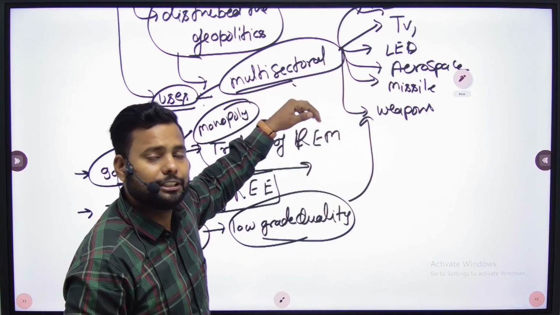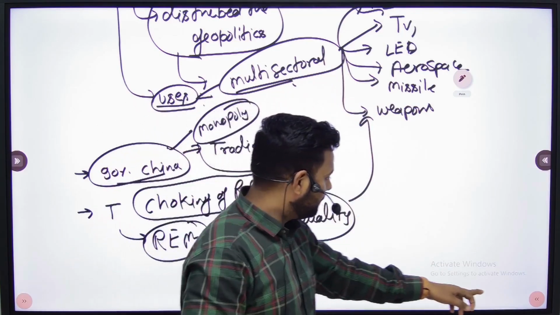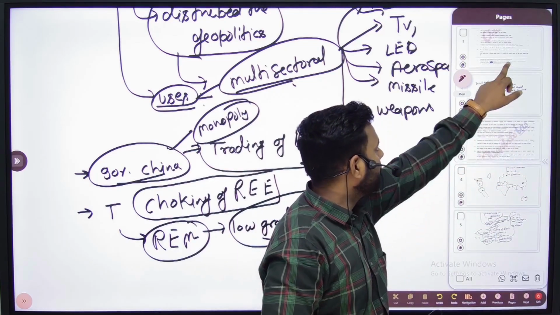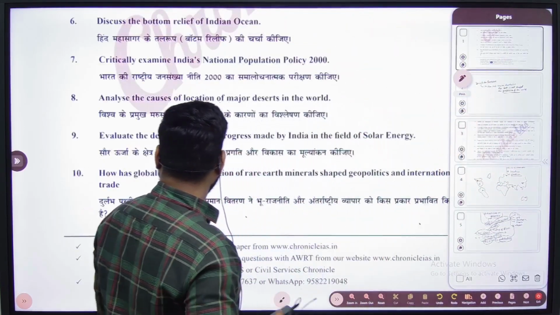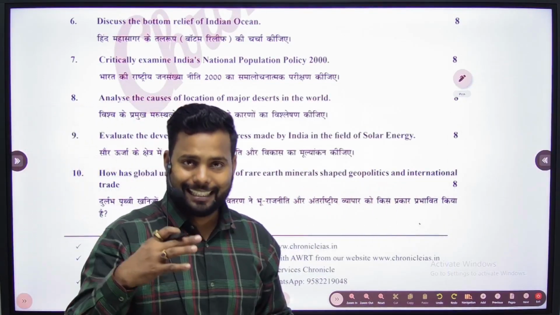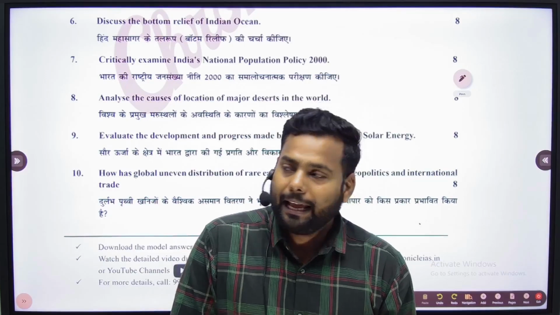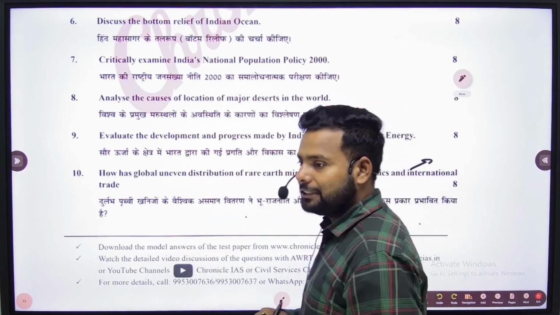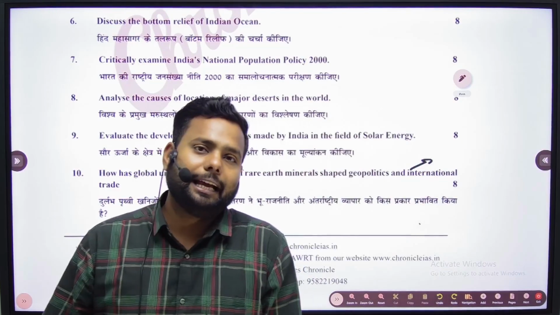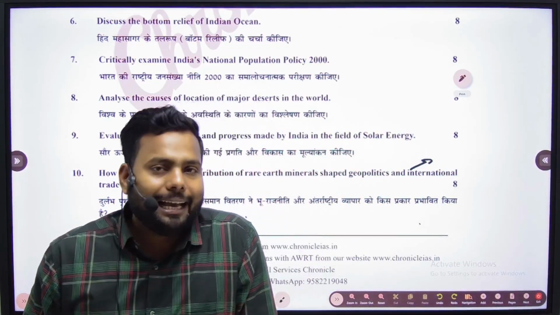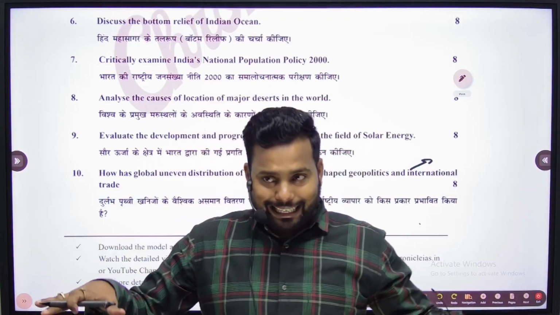Because of this reason, rare earth minerals are influencing the geopolitics as well as the international trade, because it is a monopoly of China. And some countries like Sweden, Indonesia and Malaysia are initiating, but they do not have enough money to balance the imbalanced trade.